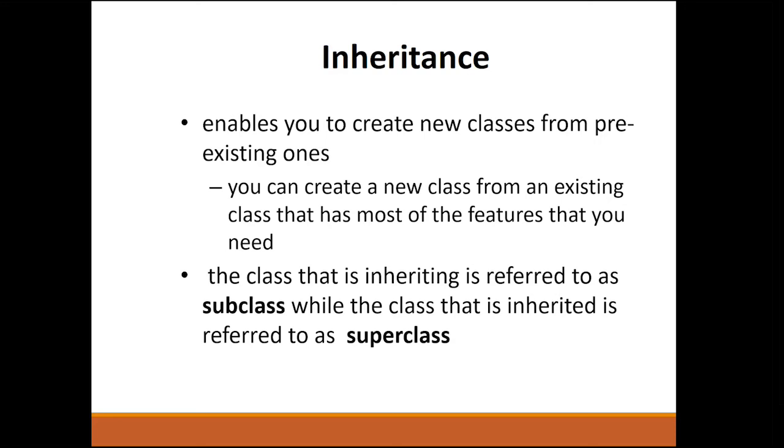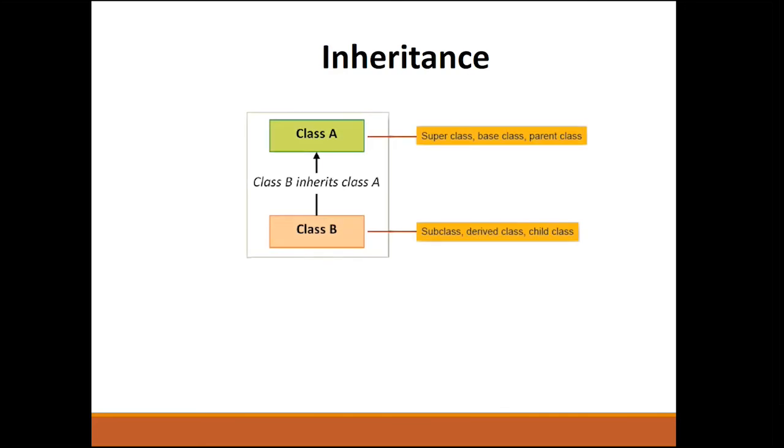Klaro? So, as you can see, superclass, base class or parent class ang tawag natin. And then the subclasses are called derived class or child class. Okay, so we have class A, that is a superclass or kanino kokopyahin. Class B now is the inherited.